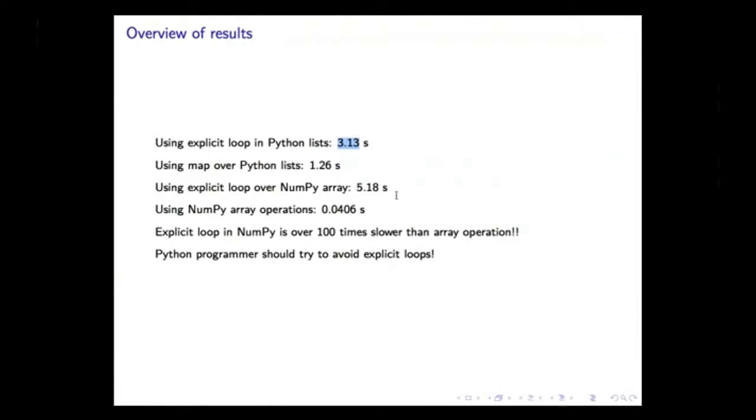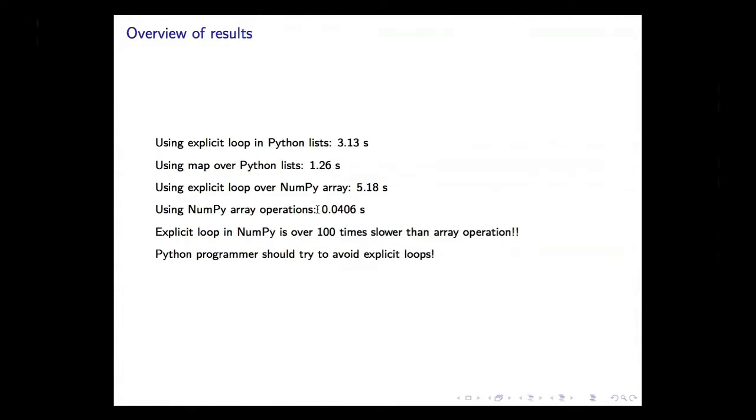It's 5.18 seconds. But when I do things properly, avoiding a loop and just adding the arrays together in a direct operation, it only takes 0.0406 seconds. So if I divide this by this, I can see that NumPy with an explicit loop is about 100 times slower than NumPy without it.